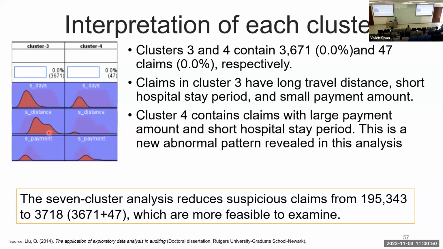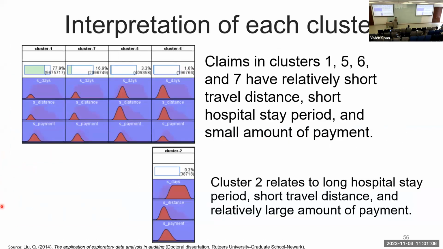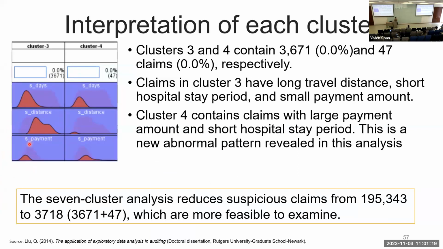Although the stay in the hospital is short and the claim amount is small, it doesn't seem normal; it deviates from the normal behavior. As I said, the normal behavior is a short hospital stay, a small claim amount, and a relatively short travel distance. But this one has a relatively long travel distance, so it is noteworthy. Is there something wrong with this group?